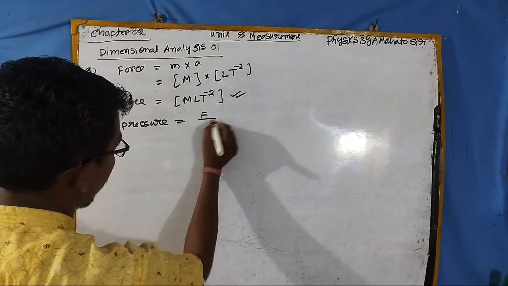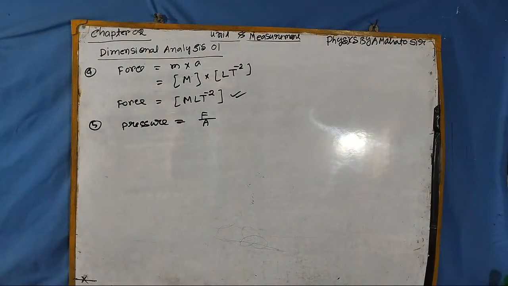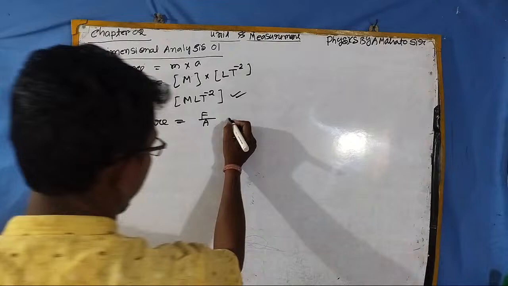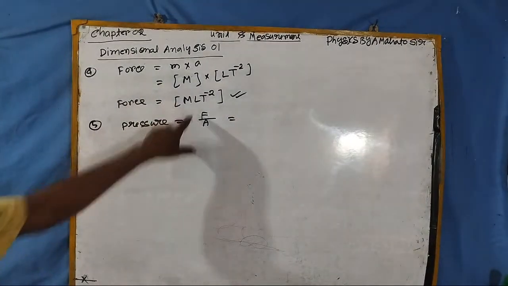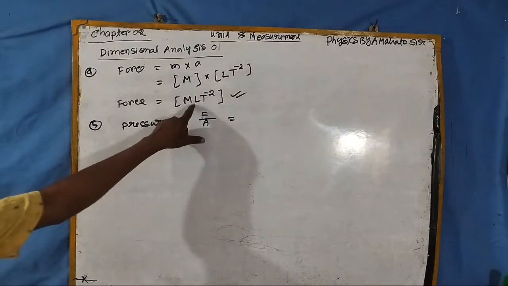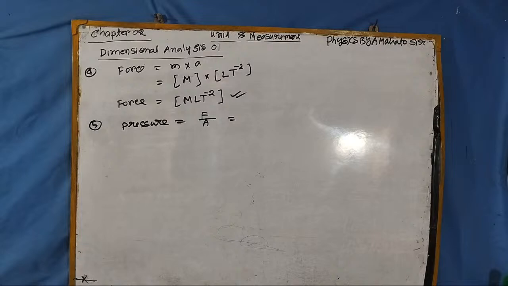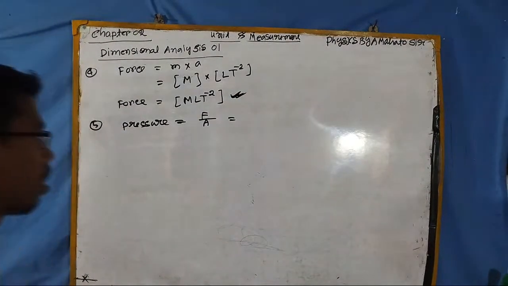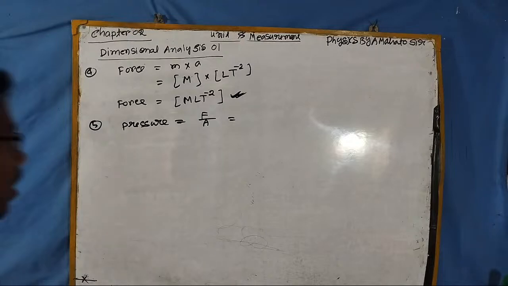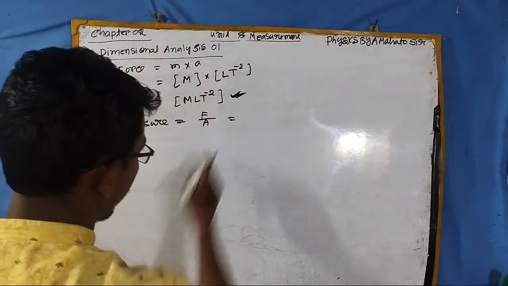Force dimension is used most of the time, so remember this formula MLT^-2. Pressure is force per unit area.